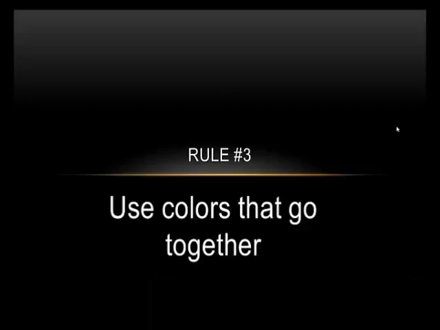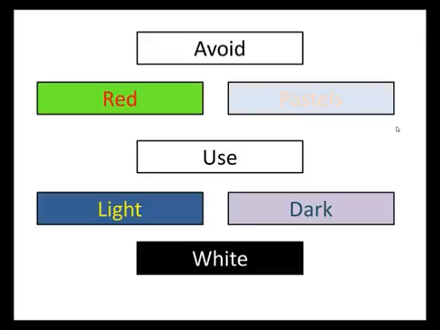Rule number 3 is that if you're going to have color in your text or in your backgrounds, especially like on a PowerPoint, make sure you use colors that go together. Certain color combinations are ones you want to avoid. Certain color combinations you want to use. So red and green, it's not really a great combination. It looks odd. People also like to use a lot of pastel colors in their presentation. It makes it really hard for the audience to read.